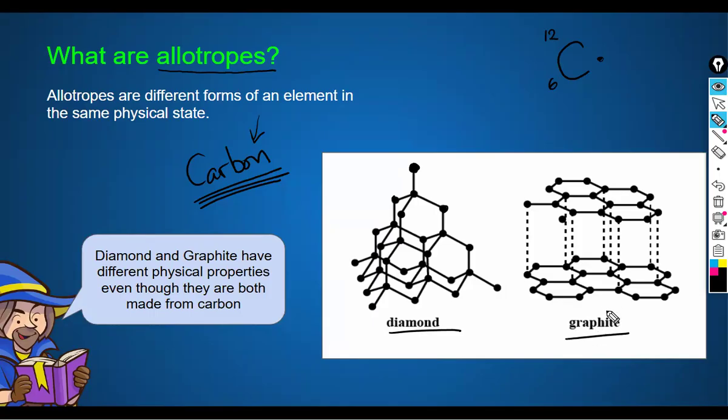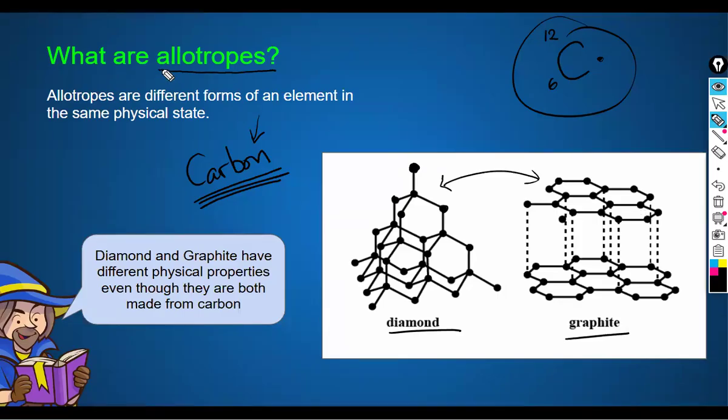Graphite. Graphite is the tip of your pencil. These two things are completely different. Both of them are made of carbon, but because you join them up differently, you get two completely different materials. One is worth a fortune, and the other is worth nothing.